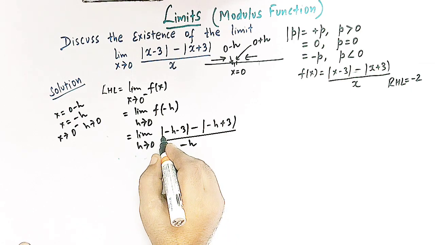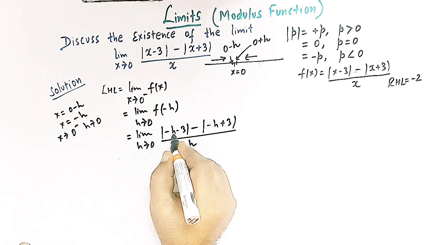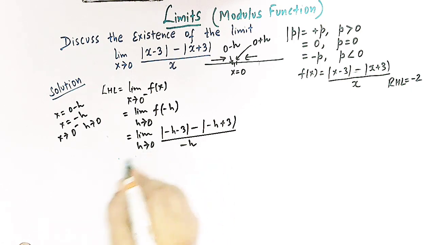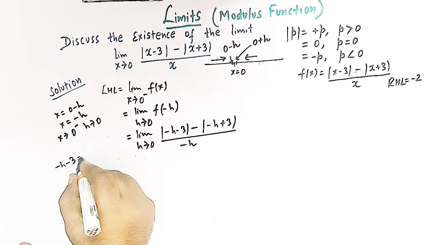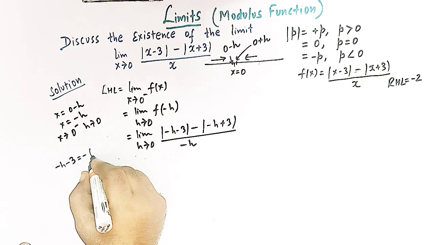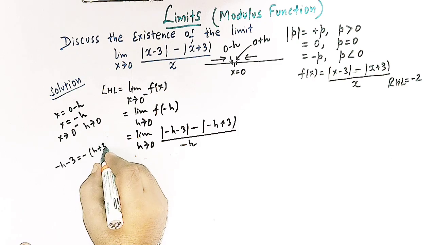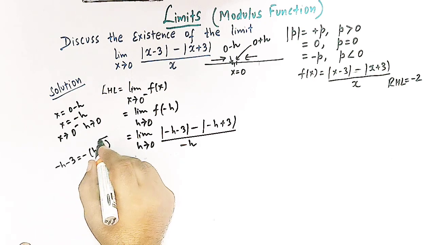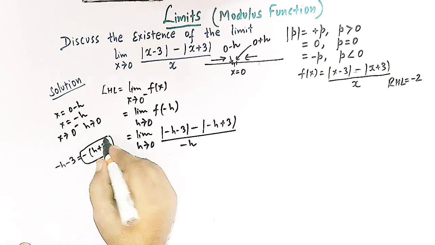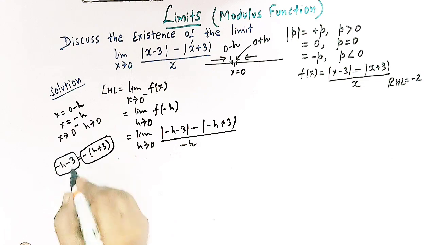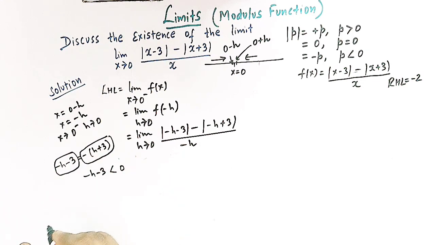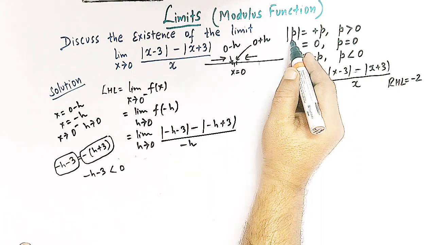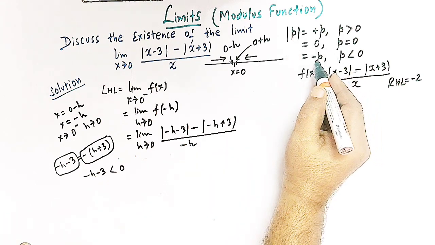So let us first see this quantity, that is minus h minus 3. Now see, minus h minus 3 can be written as minus, and here we have h plus 3, right? So this quantity is negative, that is minus h minus 3 is less than 0, right? So we'll make use of this part of the definition.